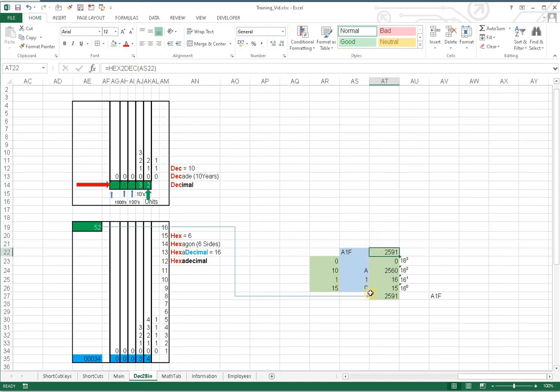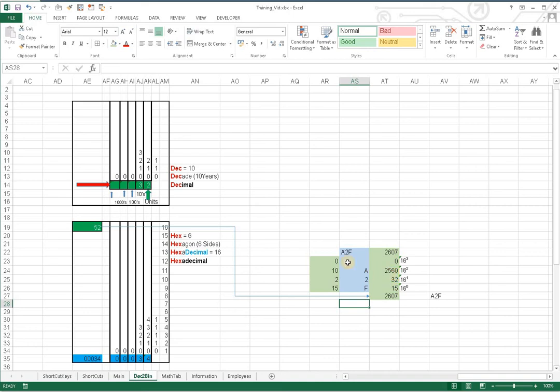It gets built up of the first character, which is F, which is 15, plus 1 times 16 to the power of 1, which in this case is 16. If I make it 2, it's 2 times 16, 32, so it's 32 plus 15.